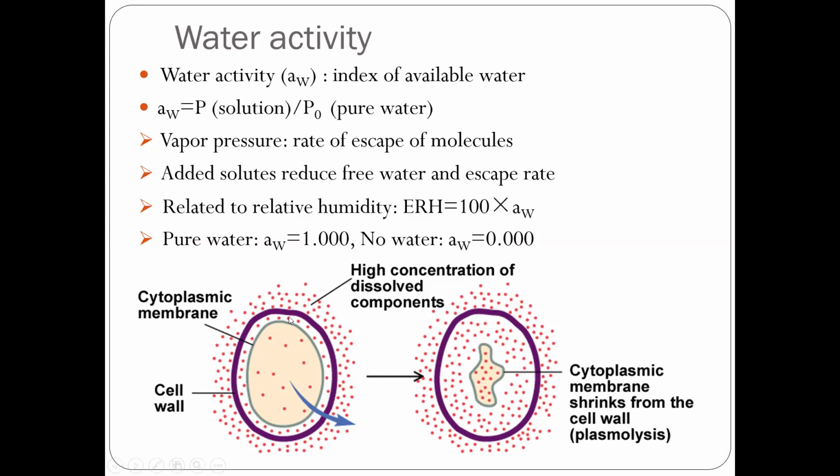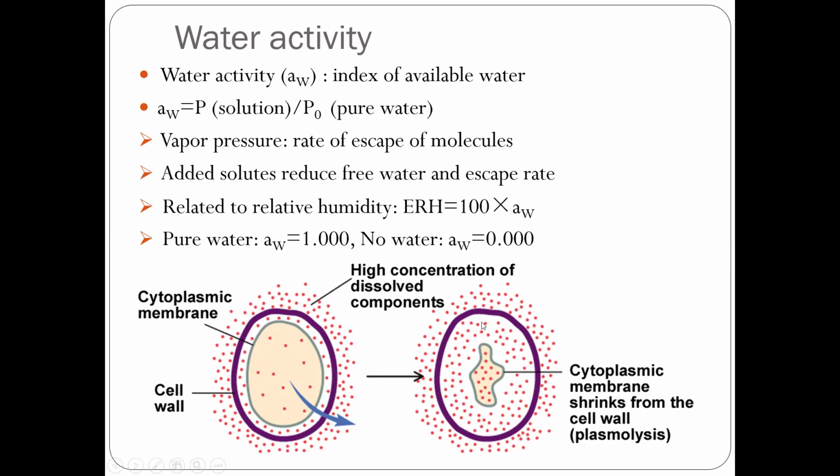Okay, this picture here shows what we call osmotic imbalance. This is a normal bacterial cell with its cell membrane. Once you put it in a high concentration of dissolved components, let's say a salt solution, it will shrink. That's called plasmolysis, because of the imbalance of osmosis inside and outside of the cell wall, so it shrinks.